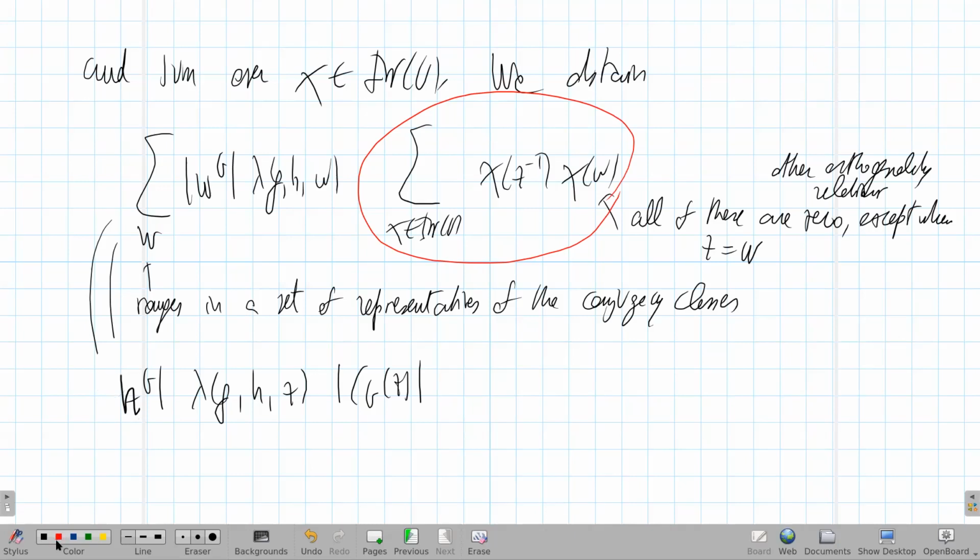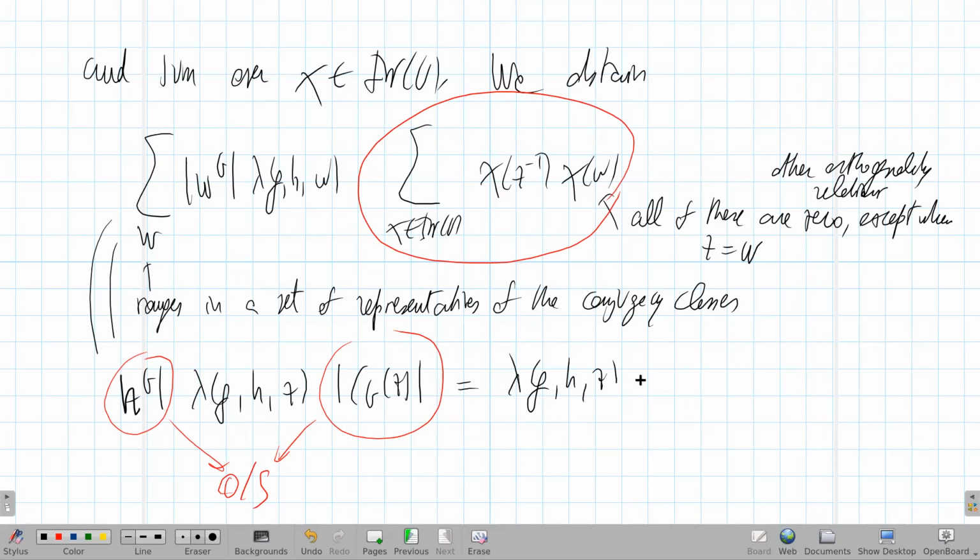Now look at these two factors: this is just the order of an orbit under conjugacy and the order of the stabilizer. So orbit-stabilizer tells you that this is the order of G. Great, so that's the right-hand side.